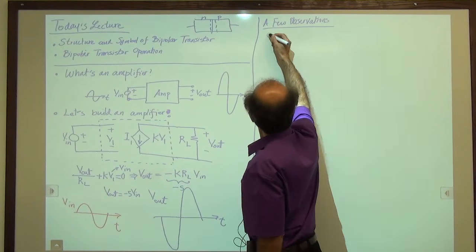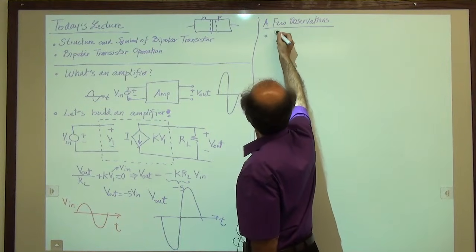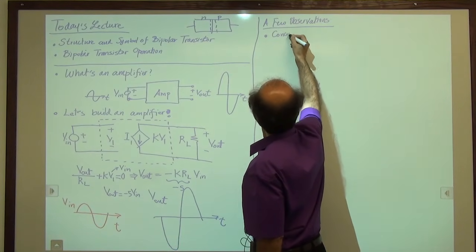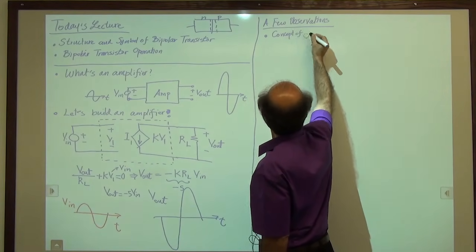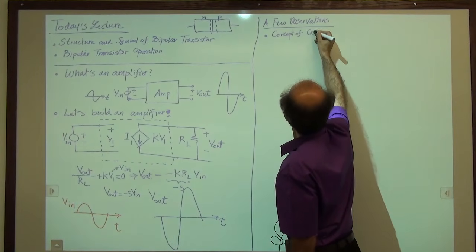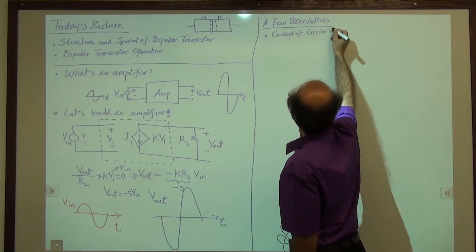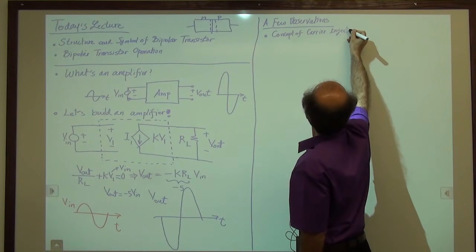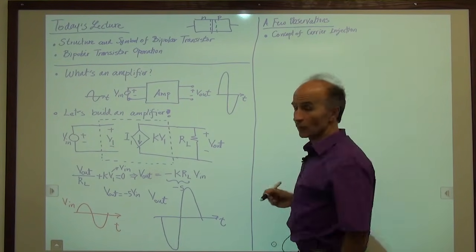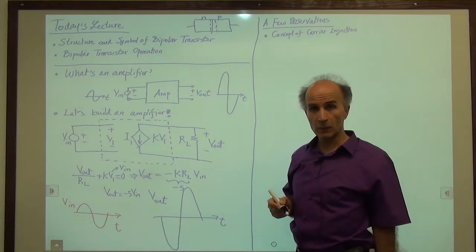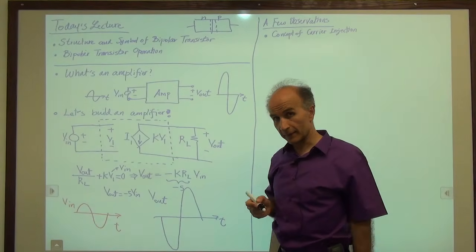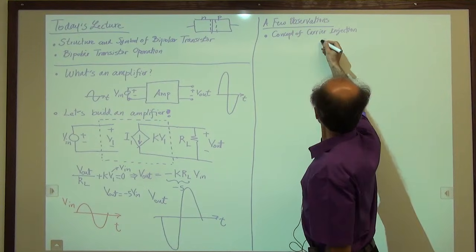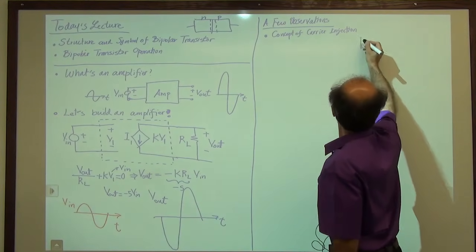Okay, so number one, concept of carrier injection. Let's take a p-n junction, as we know, and reverse bias it. So here's our p-n junction.